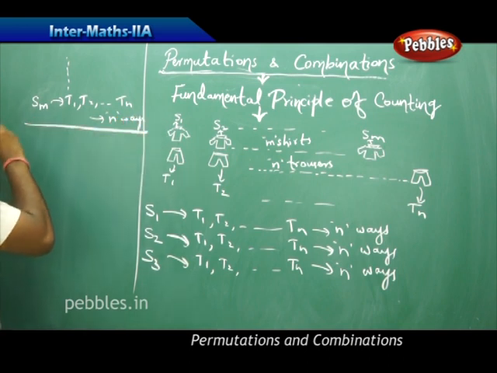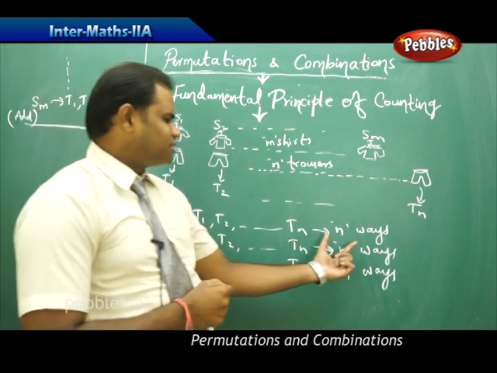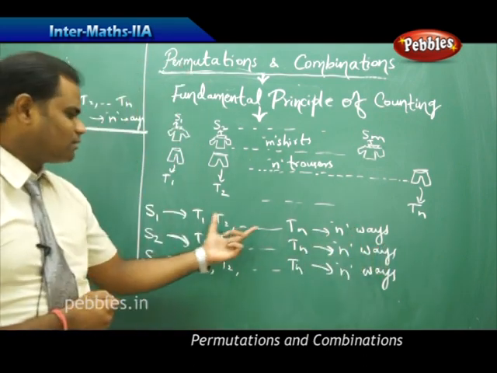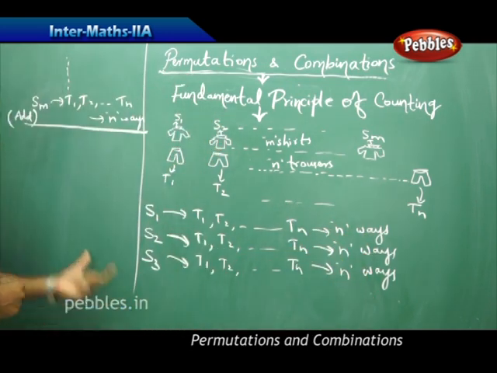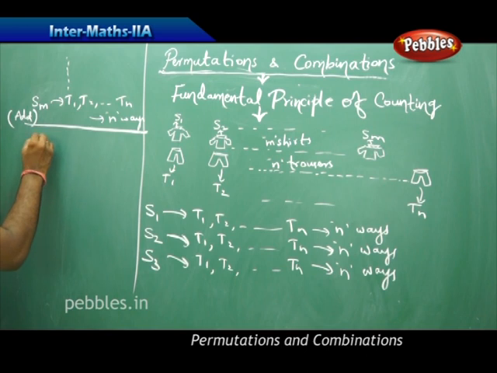Now when I add all these, each shirt can be worn with N different trousers in N ways, N ways, N ways, and there are totally M shirts.